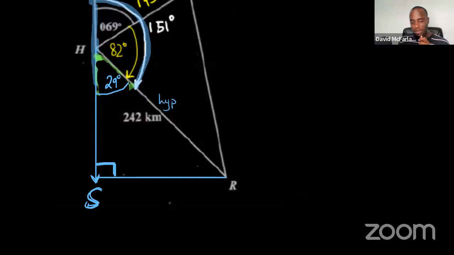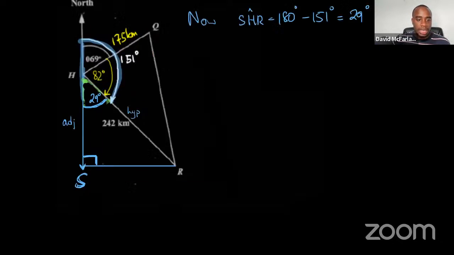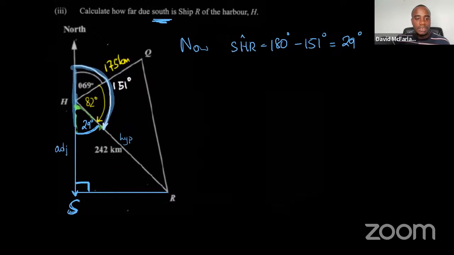I see some people saying opposite, some saying adjacent, but let's look at why it is not opposite. The angle is right here. So this side is on the angle, it's beside the angle, it's adjacent to the angle, because that's what adjacent means. So yes, HS would be the adjacent side. So now we have that information.